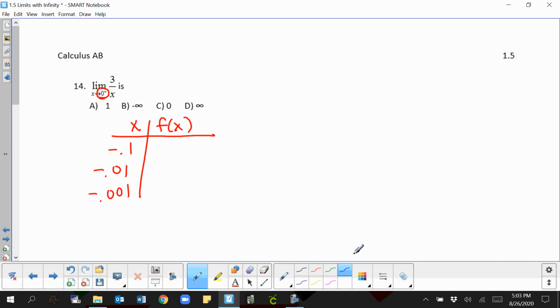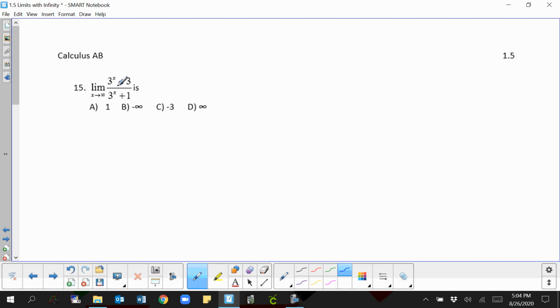So I'll give you a second to plug this into your calculator, and then we'll continue. All right, when you plug these in, you should get a negative 30, negative 300, and negative 3,000. So this one's going off to negative infinity. And once again, it's a does not exist because it's going off to infinity instead of a number.